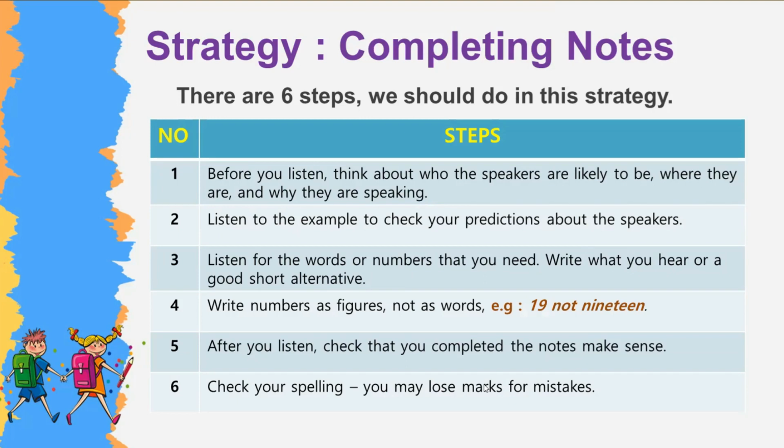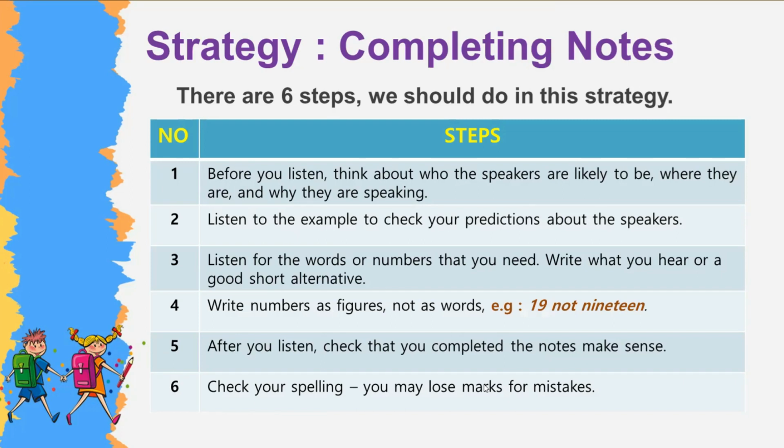Listen for the words or numbers that you need, and write what you hear in a good short alternative. And then write numbers as figures, not as words. For example, 19, not nineteen. Okay, not 19 as a word, but here 19 as a number.